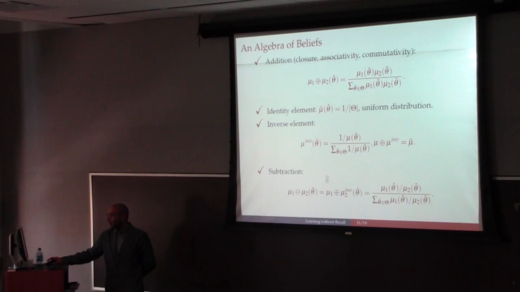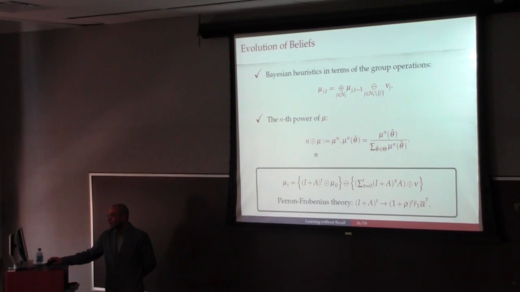Under these group operations, addition and subtraction, the belief update that I had written would be summarized as follows. You sum the beliefs of your own and neighboring agents, and then you subtract the priors of your neighbors. You compensate for their priors.